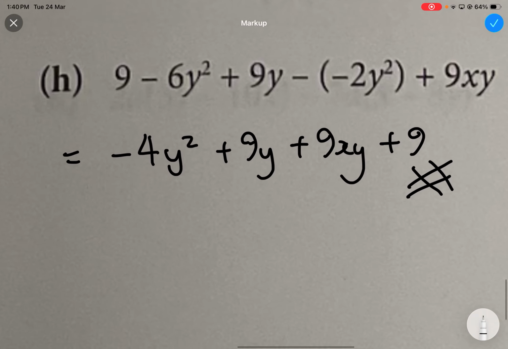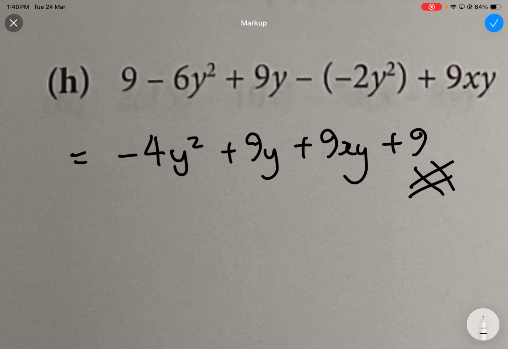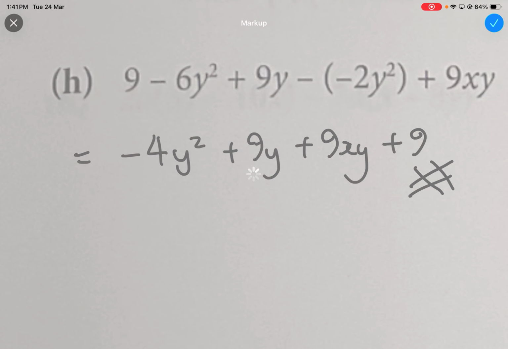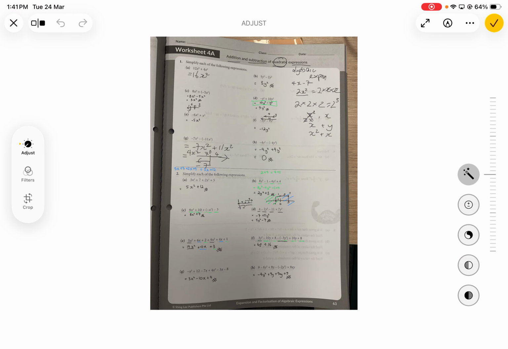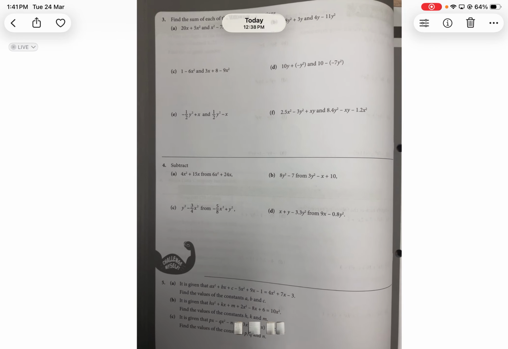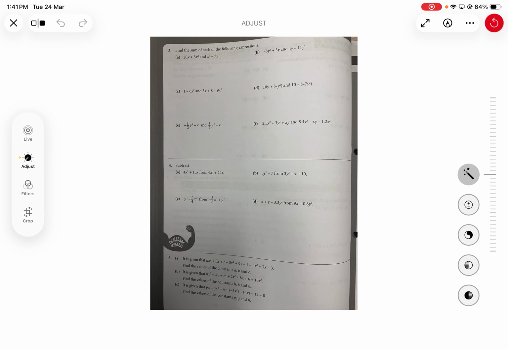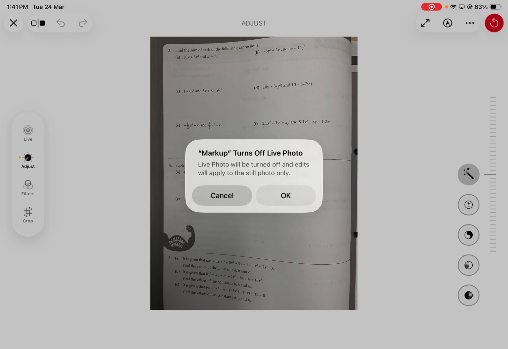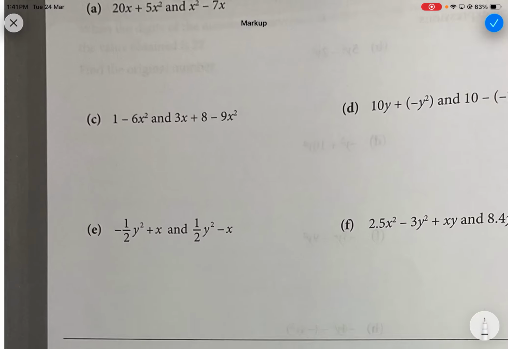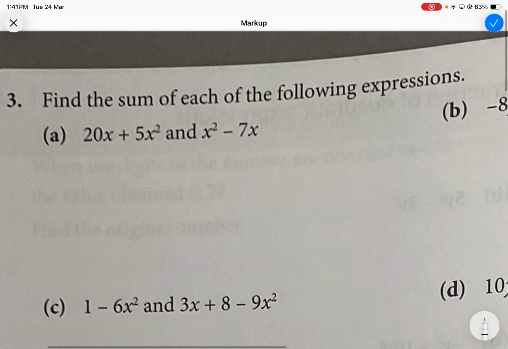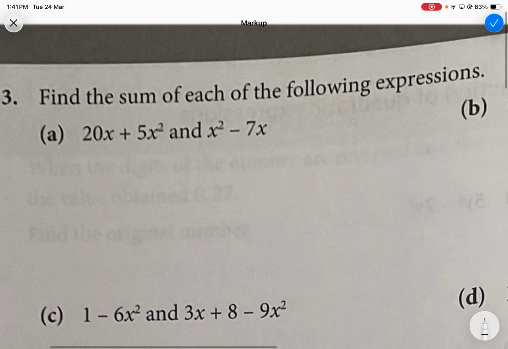Go, do now. Hey, wait. I do one subtraction, then later you all can do together. Okay, for question 4, they want you to subtract 4x squared plus 15x from 6x squared plus 24x. So if I subtract 2 from 5, I will take 5 minus 2.